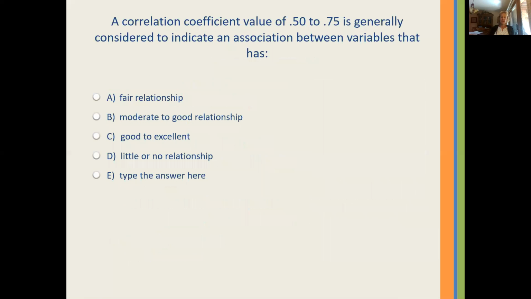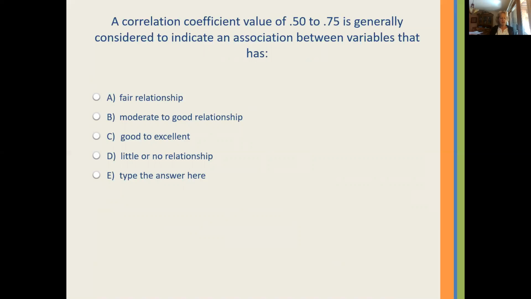So here's a little quiz question for you. A correlation coefficient value of 0.5 to 0.75 is generally considered to indicate an association between variables that has: A, fair relationship; B, moderate to good relationship; C, good to excellent; D, little or no relationship; or you can make up something of your own if you'd like.